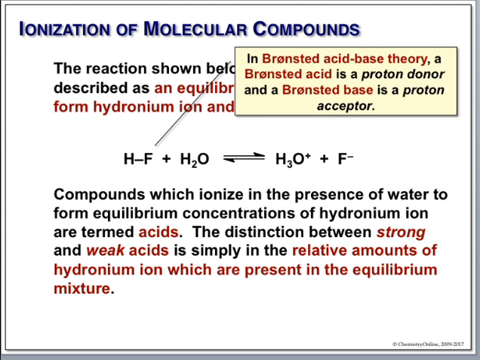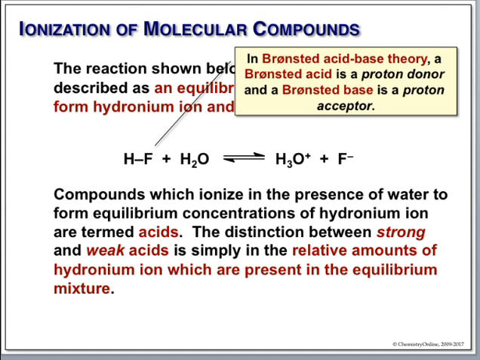A Bronsted acid is simply defined as a proton donor. Now, why do we call it a proton donor? Because remember when we saw the movie, the little clip of the hydrogen being handed, it came over with no electrons. So a hydrogen with no electrons is what? It's just a proton.